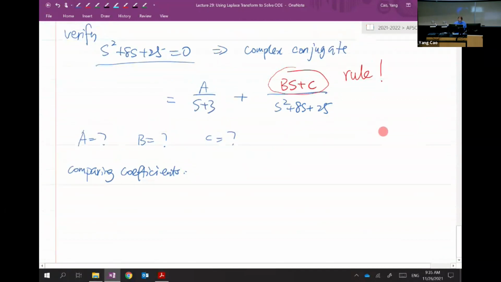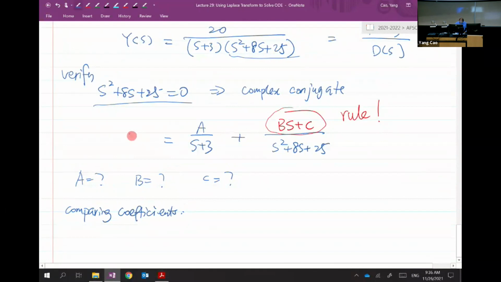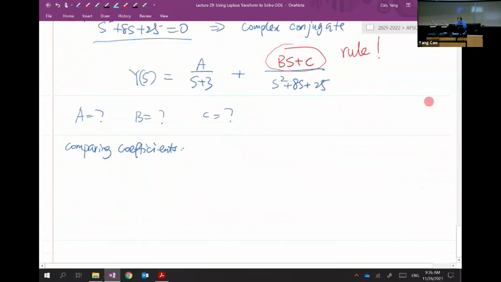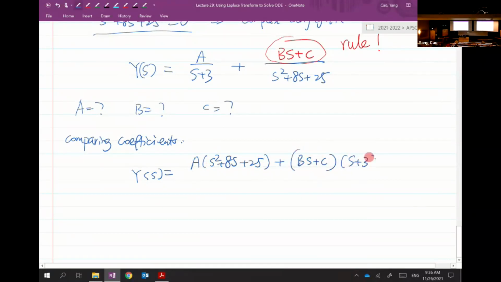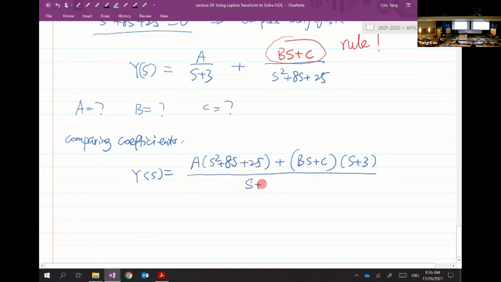So to use comparing coefficients, here's your y of s, right? What we need to do is write it back into one single fraction. So we write it back into one single fraction. Then we can compare coefficients for the numerator. And there's no trick here.